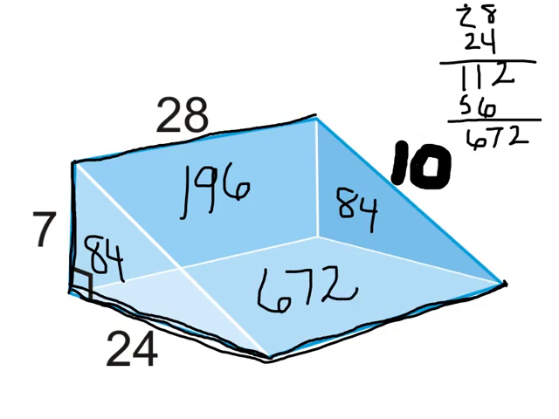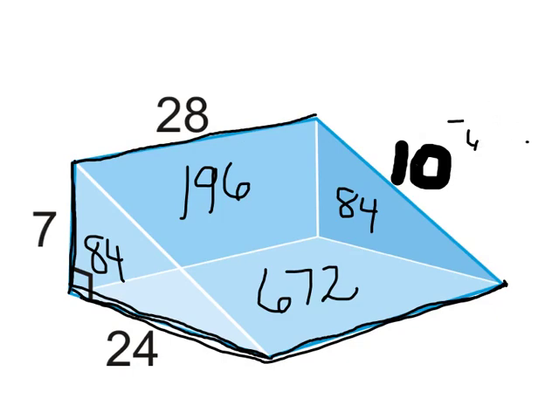All right, and then the final piece that I have is, you can't really see it. Imagine that it's a clear lid covering this box. So it would be this piece times this piece, or 28 times 10, which would be 280.